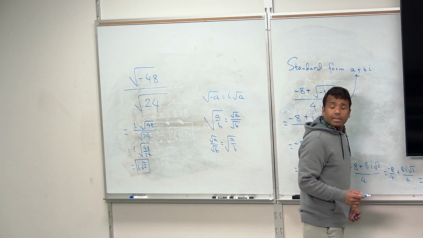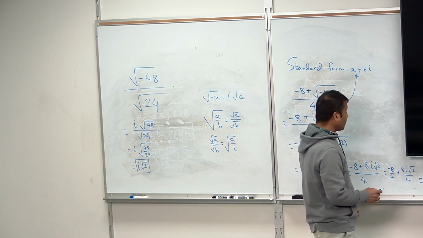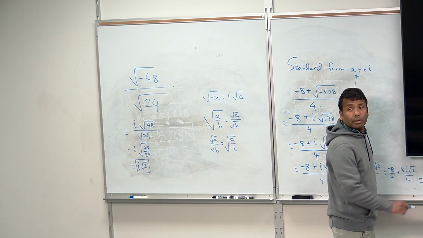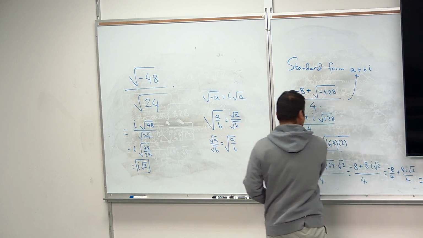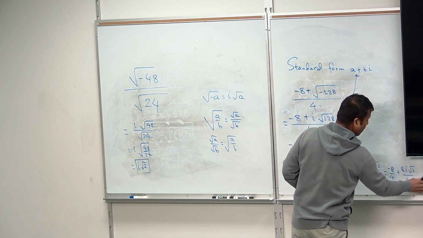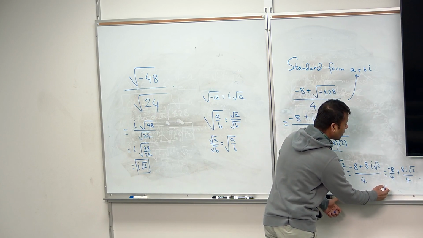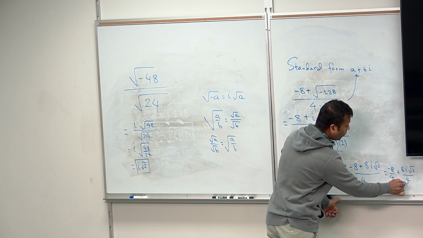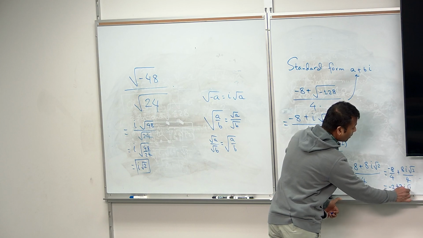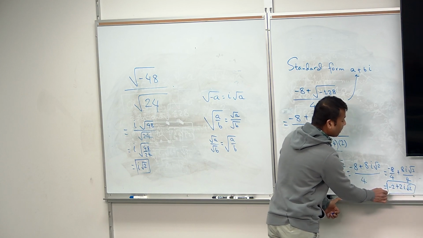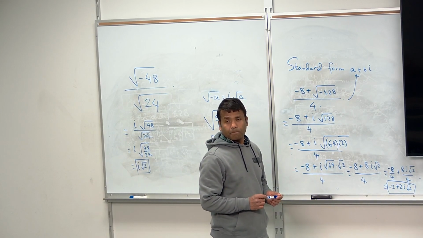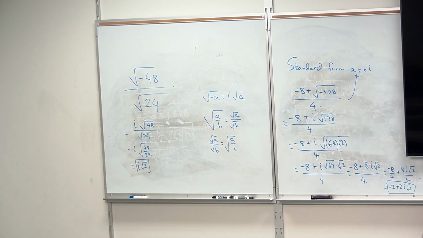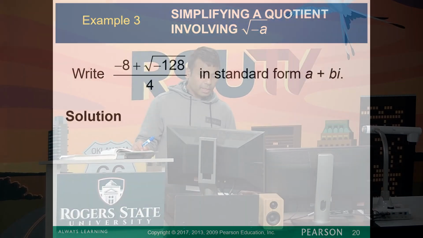What is 8 divided by 4, guys? 2, negative 2 plus 2i radical 2. Oh, you didn't see that? So let me write it down here. Negative 8 over 4 is negative 2 plus, and 8 over 4 is 2, i radical 2. So this is the final answer. You see, a plus bi, a standard form, right? Okay. Is that good?